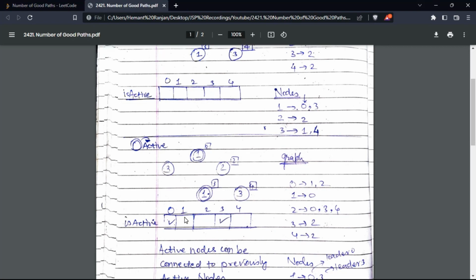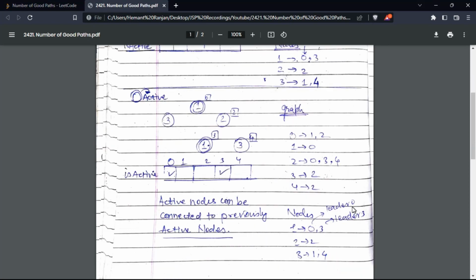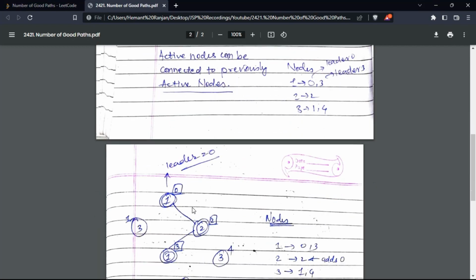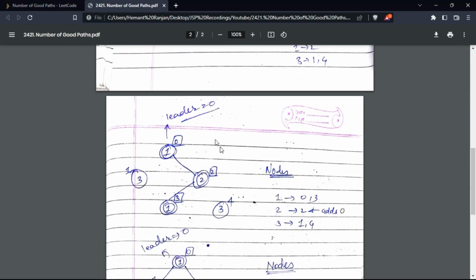So we mark them as active, and the leader of 0 and 3 would be 0 and 3 itself. We can't find any paths here because we can't join them, and that's not a good path. Going further, if we join 2 into the path and make the leader 0, it will add 0 to our result.